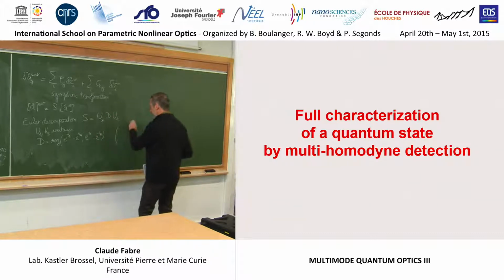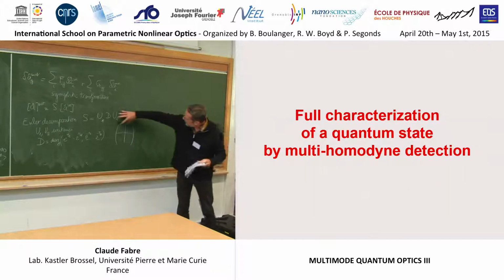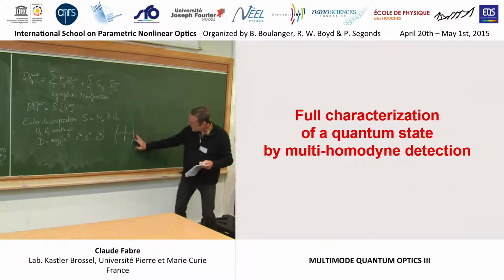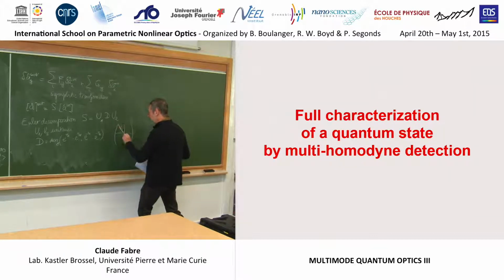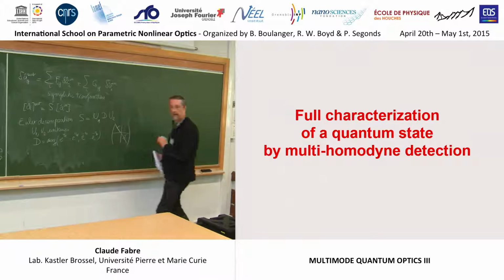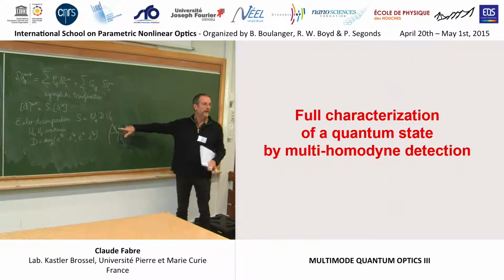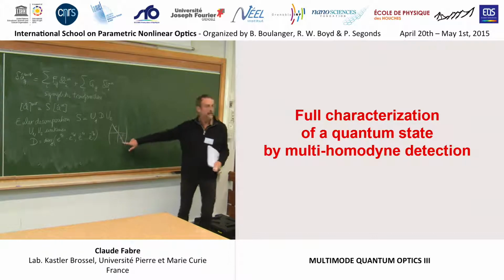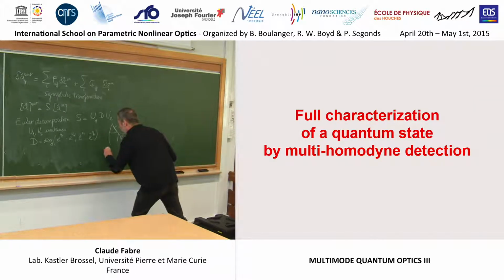The covariance S matrix is always divided in four parts, because this is the A part and the A dagger part. So I have e to the R here and e to the minus R here. I multiply the X components by e to the R, and I multiply the Y components by e to the minus R, which is the inverse. This is a squeezing transformation. So this is a set of independent squeezers.